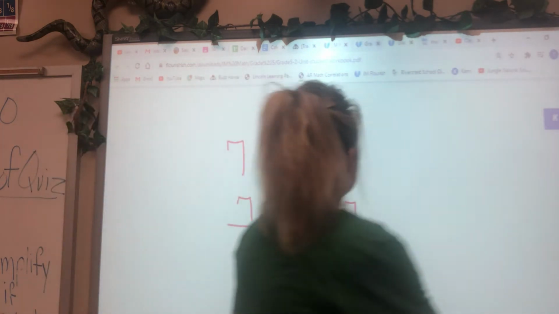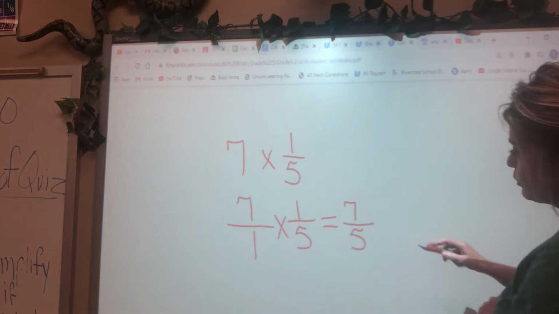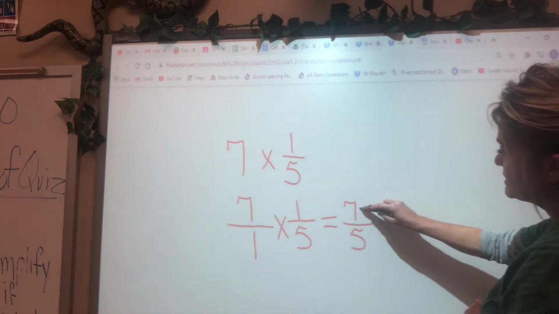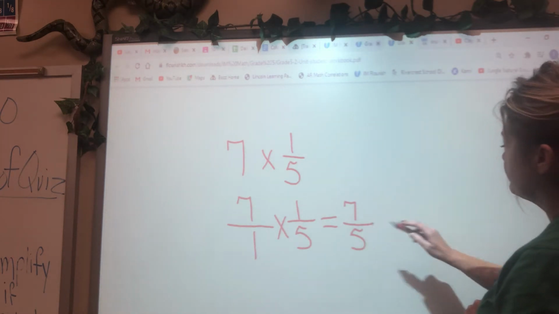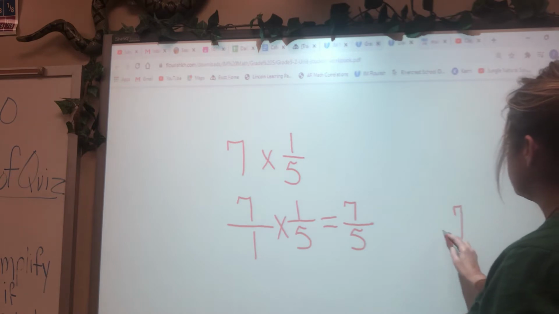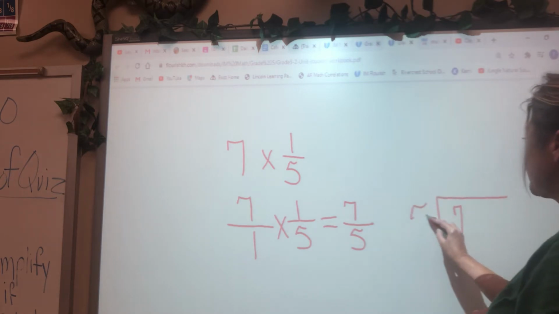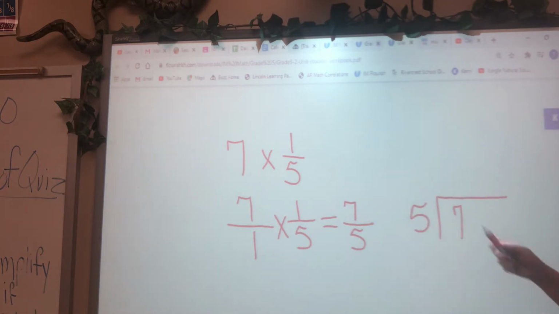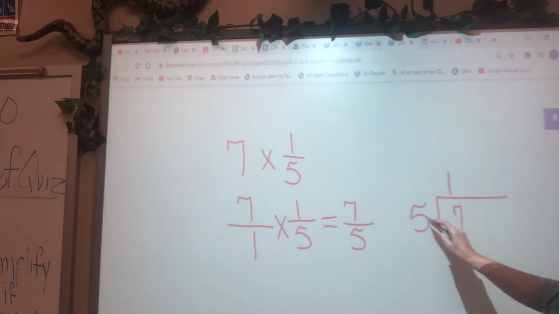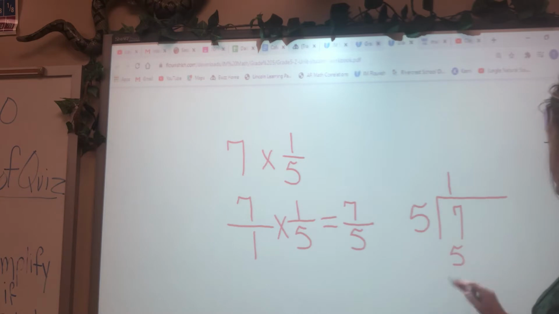So we would just go off to the side, and remember we read from top to bottom, 7 divided by 5. And I know 5 will go into 7 one time. 1 times 5 is 5. And then we subtract. So we're left with 2.